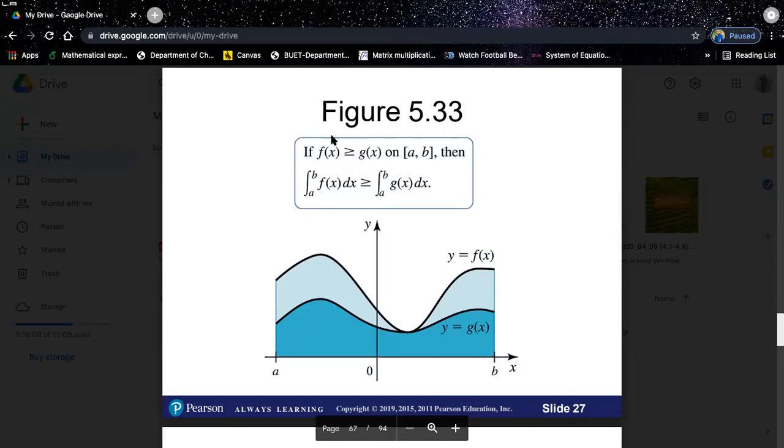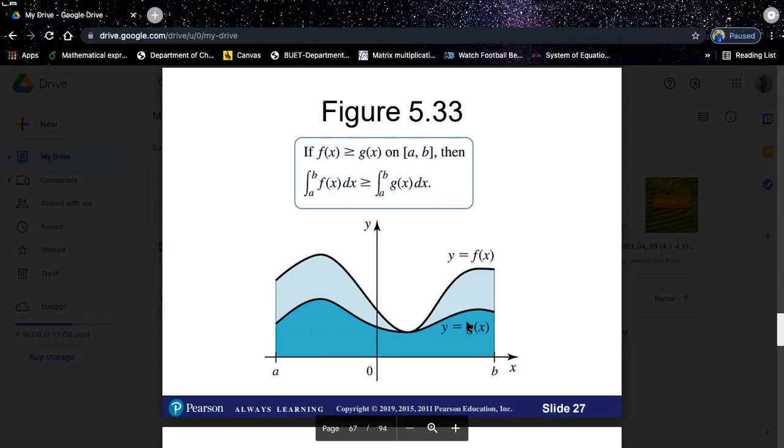If this function is greater or equal than this function, then all parts of this graph are above or at least on the level of the graph of this function. So if you find the area, it will clearly be more than what you have under this curve.